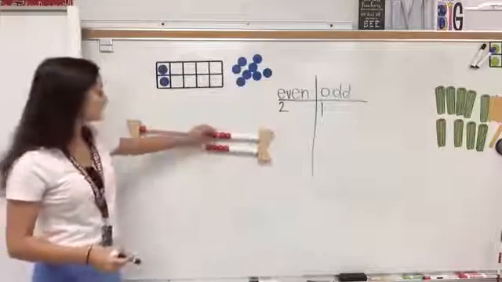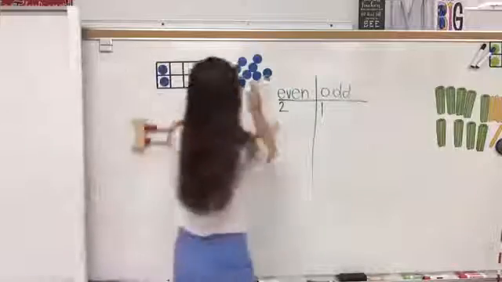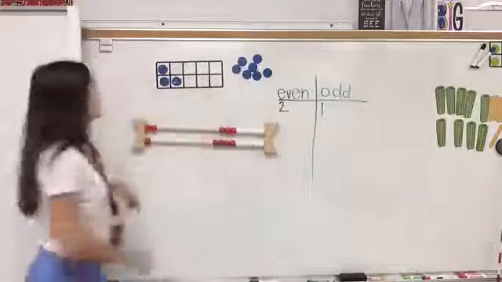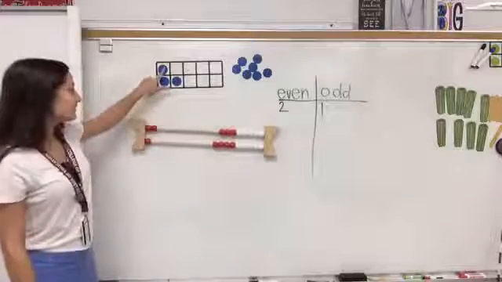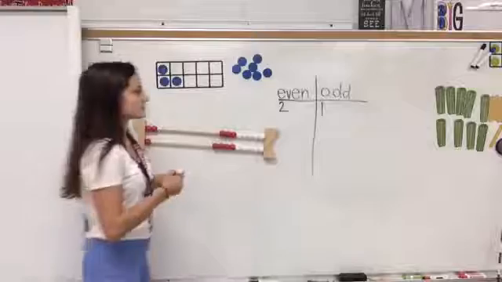Alright, let's do 3. Does 3 have a pair? It does not, so it is odd.